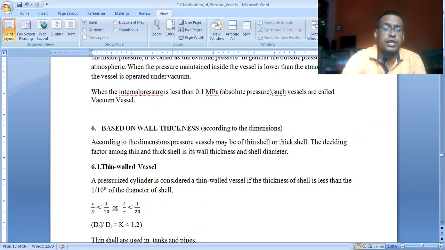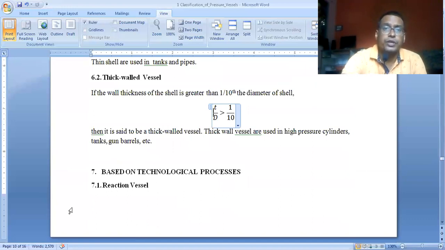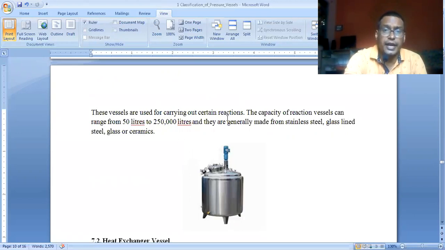Means when you talk related to the diameter ratio, the outer diameter to the inner diameter should be less than 1.2. Then the thick wall vessels, where the thickness to diameter ratio is greater than 1 by 10, that means 0.1.